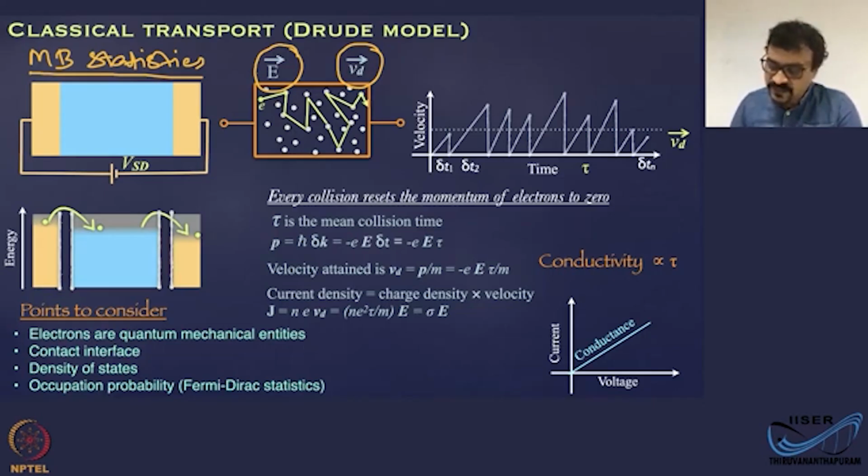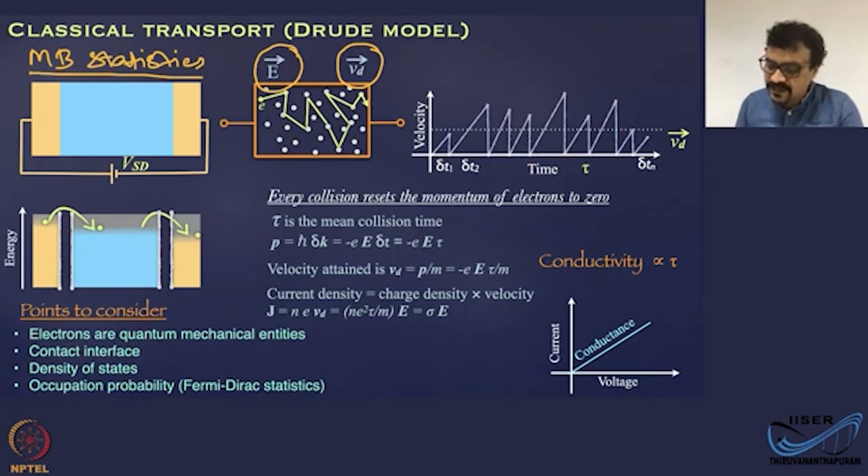So in one case, the electron will go to a certain distance and come back to 0. This is the velocity and this is the time axis here. Then maybe next time it will go a further distance and undergo a collision and come back to 0. So each of these drops here refers to a collision, and the electron velocity is reset back to 0.